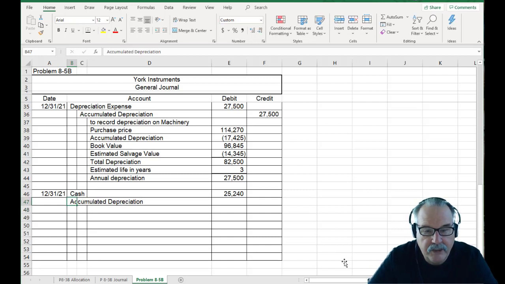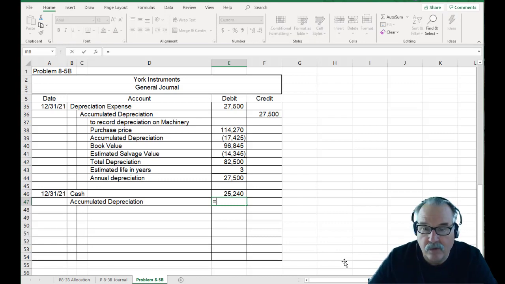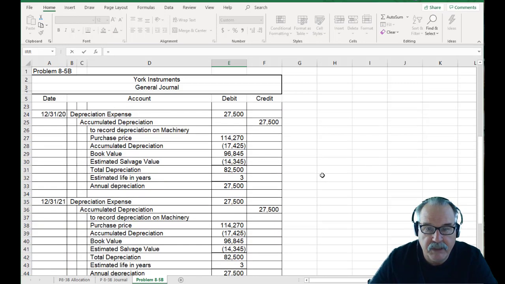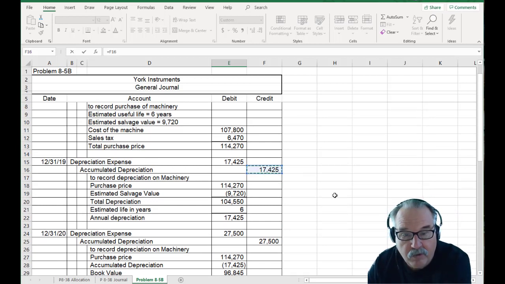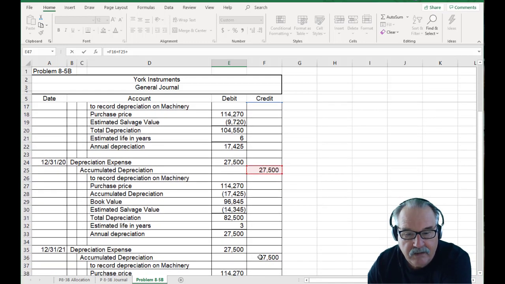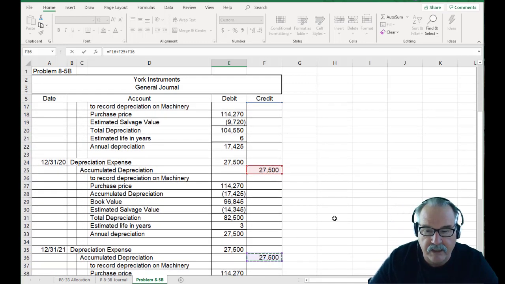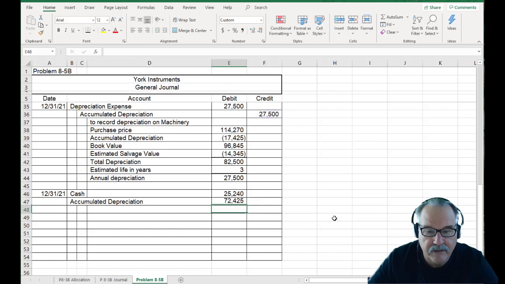So the accumulated depreciation at that point in time is, well, let's start at the beginning. The $17,425 for year 1, the $27,500 for year 2, and the $27,500 for year 3. Those were our 3 years that we made a depreciation.